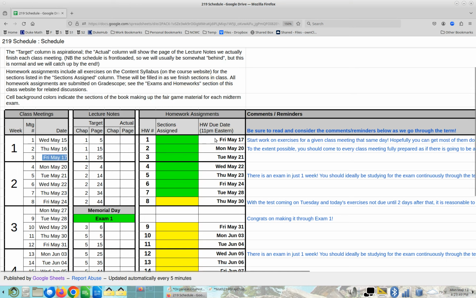So thus this Friday due date for the stuff that is assigned on Wednesday. If you stick to this pattern of doing as much as you can on the first day, seeking help and making sure you understand everything thoroughly on the second day, and then wrapping it up and getting it submitted on the third day, then I think that'll be plenty of time to get it done.